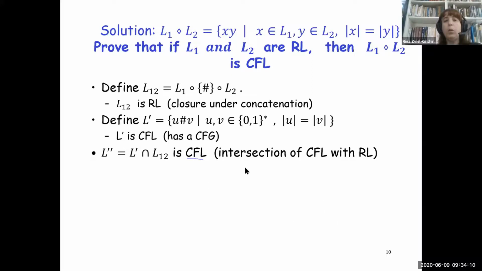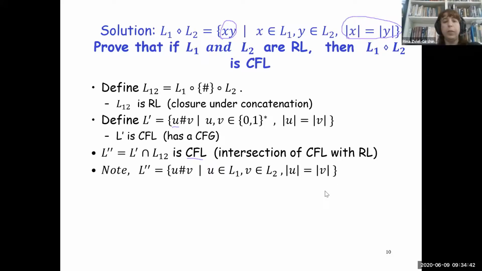So we are almost there, with only one problem: we have a DS sign between X and Y. We definitely have words with the structure where the prefix comes from L1, the suffix comes from L2, between prefix and suffix we have a DS sign, and the length of the prefix equals the length of the suffix. So we are almost at our language, but not yet. So here is the definition of our new language.